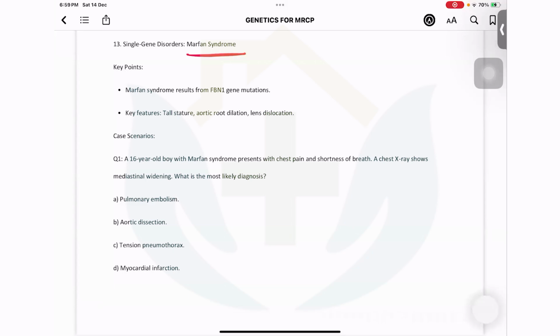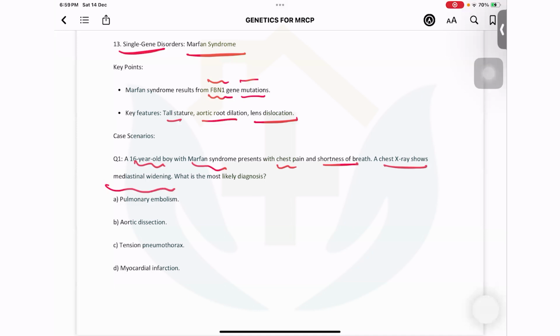For example, Marfan syndrome, a single gene disorder. Marfan syndrome results from fibrillin 1 gene mutation. People are tall, with aortic root dilatation and lens dislocation. A 16-year-old boy with Marfan syndrome presents with chest pain and shortness of breath. A chest X-ray shows mediastinal widening.